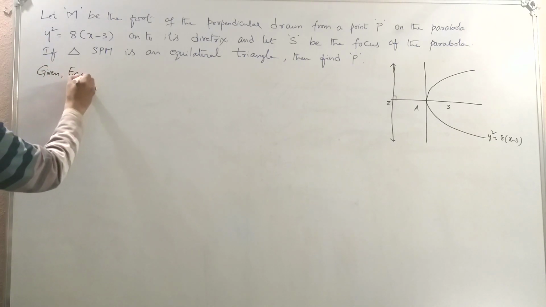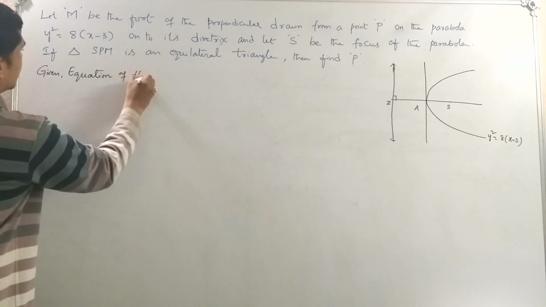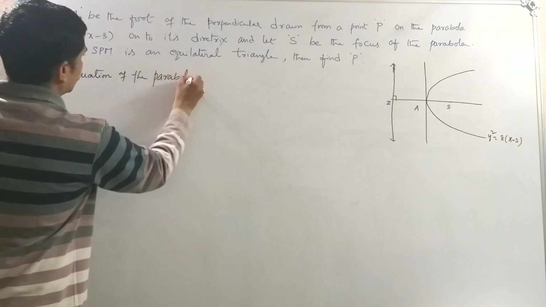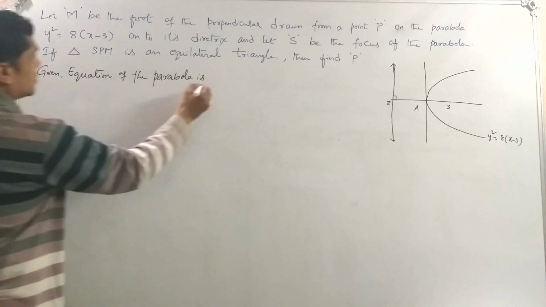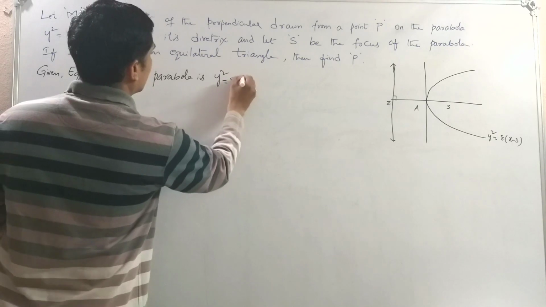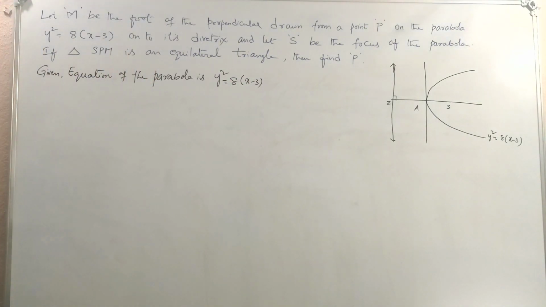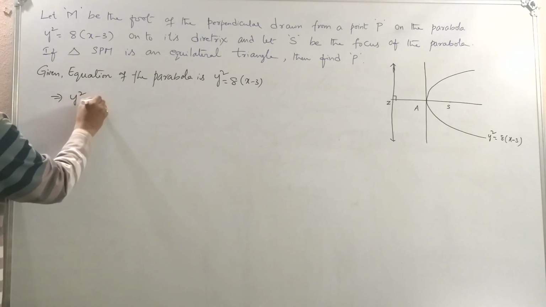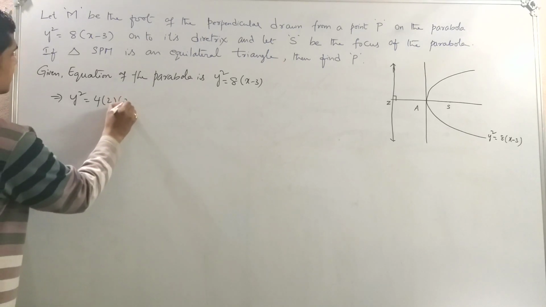The equation of the parabola is y square is equal to 8 times x minus 3. But this can be written as y square is equal to 4 into 2 into x minus 3.